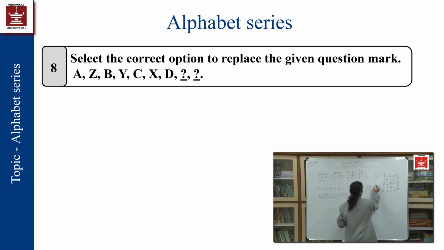H, and then I'll have I over here, whereas I have T, S, R. After R will be Q. So I can separate them out. These are different: F, G, H, I is different. So two series are mixed with each other.